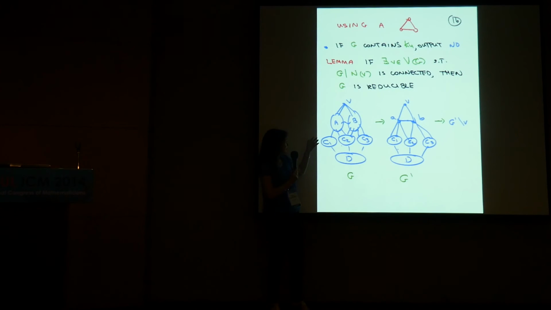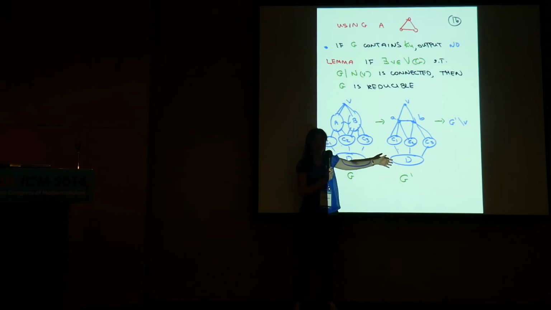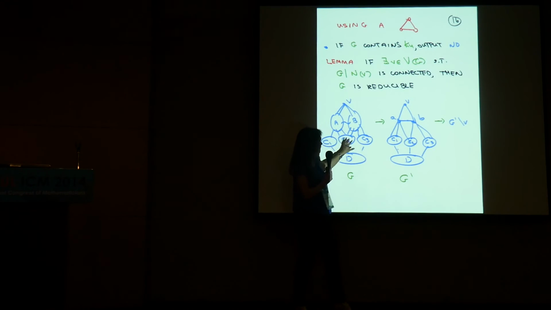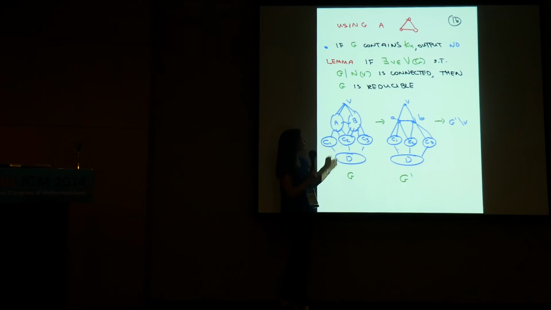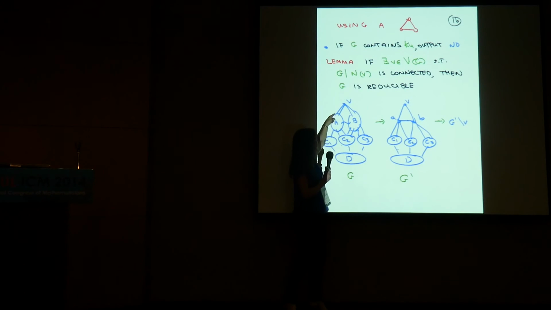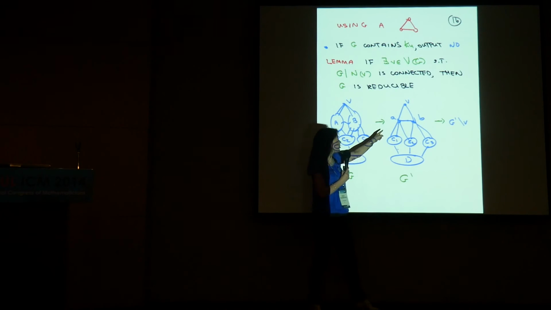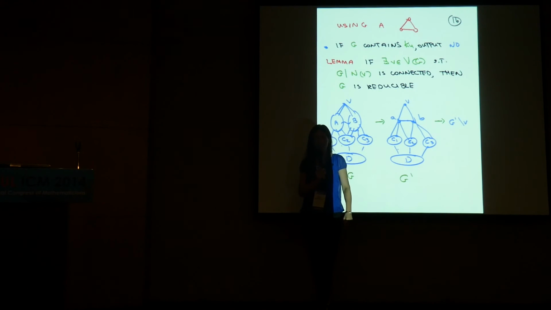Now this graph is colorable if and only if that graph is colorable. In one direction, it's clear: if this is colorable, then that is colorable. In the opposite direction, that's where I use the uniqueness of the 2-coloring of the neighborhood of V. Everybody in this big set A has to get the same color. That's the only way I can 2-color the neighborhood of V. So it's enough to find a color that works for this vertex A.